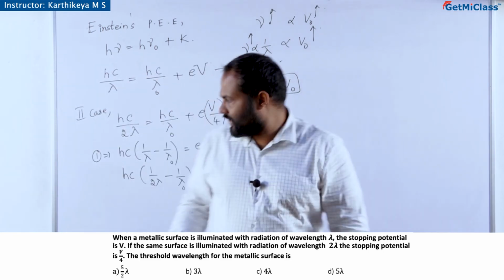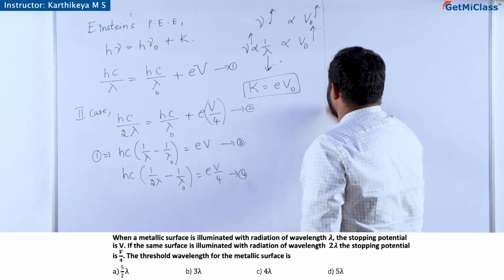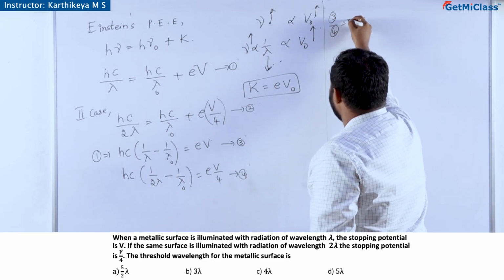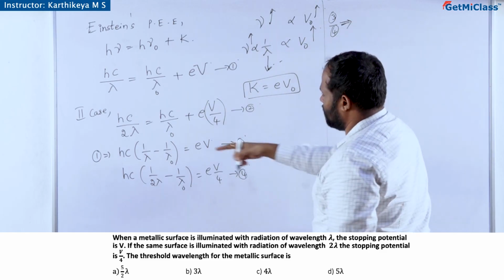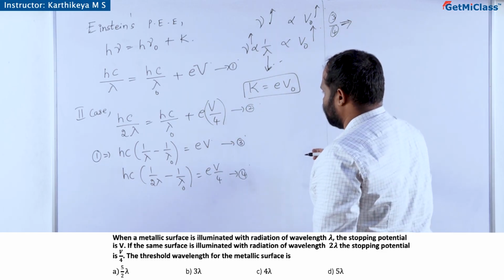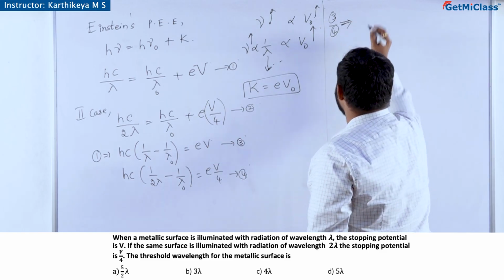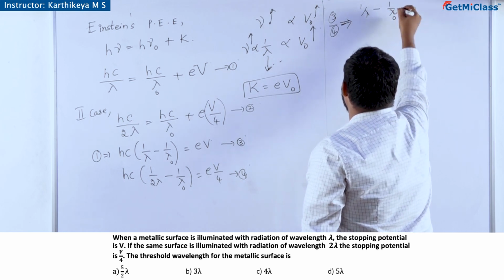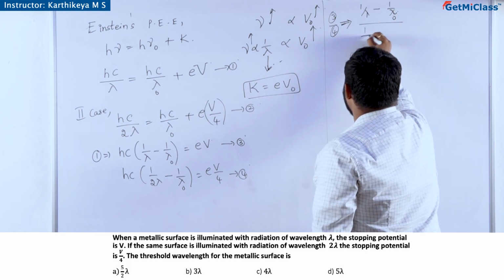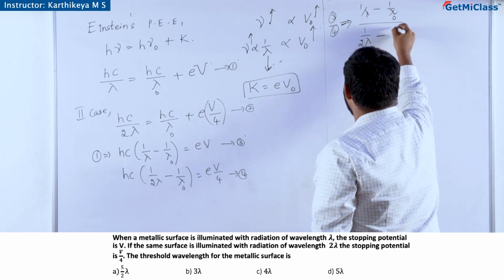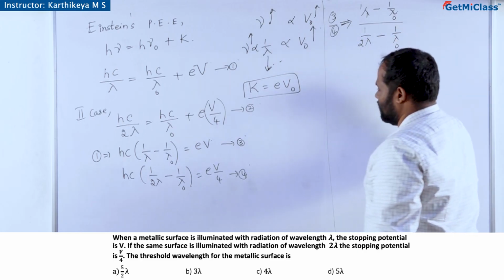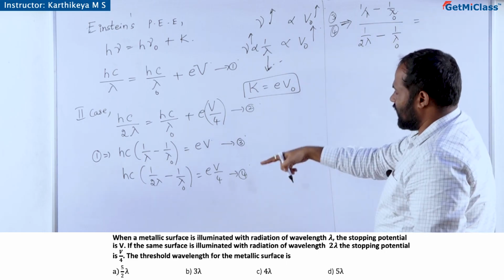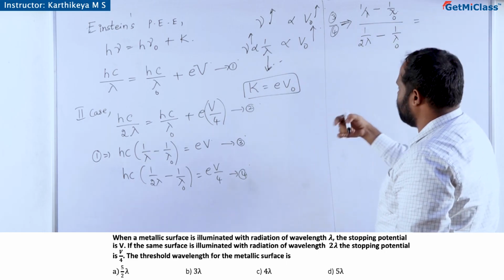Now, I can take the ratio of equation 3 by 4. Hc cancels. What remains is 1 by lambda minus 1 by lambda naught divided by 1 by 2 lambda minus 1 by lambda naught, which is equal to, e cancels, V by 4.